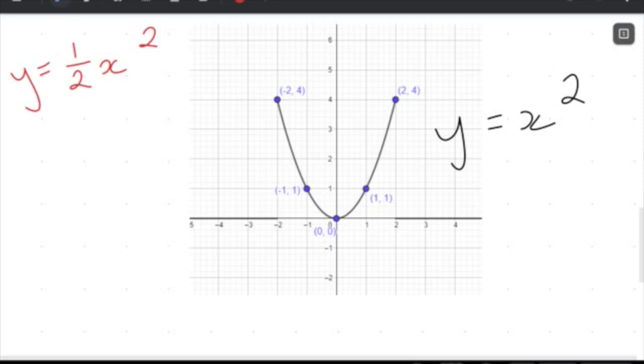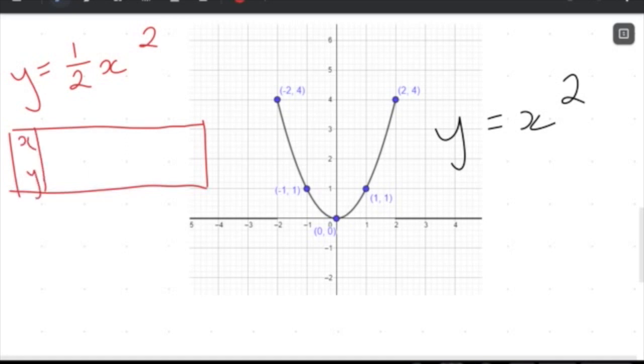Now, to figure this out, y equals half x squared, if I want to draw this, I'm going to once again consult my handy table of values, drawing all these points in. I want to figure out what the effect is of this half in front, and I'm going to analyze that across 5 different x coordinates, going from -2 to +2.